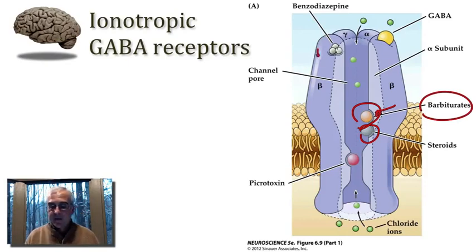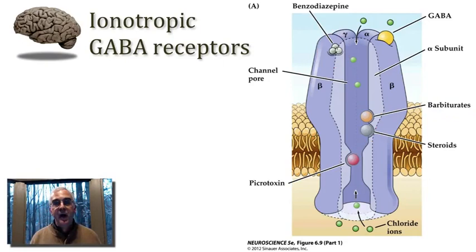There are sites on the extracellular side that likewise can modulate the flux of current through these channels. Again, drugs that are useful pharmacologically and are important drugs in the medical armamentarium. And a variety of other binding sites for drugs that are not illustrated here, including alcohol.